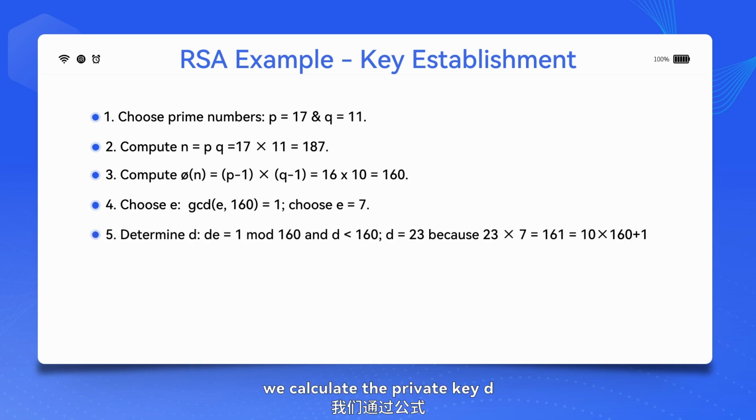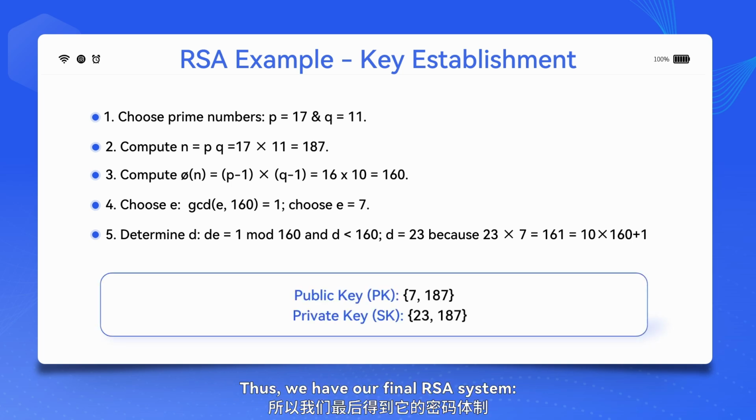Finally, we calculate the private key D using the formula DE equals 1 modulo 160, which gives us D equals 23. Since E equals 7 and D equals 23, we verify that 23 times 7 equals 161, and 161 modulo 160 gives a remainder of 1, satisfying the equation. Thus, we have our final RSA system. The public key E equals 7, and the private key D equals 23.